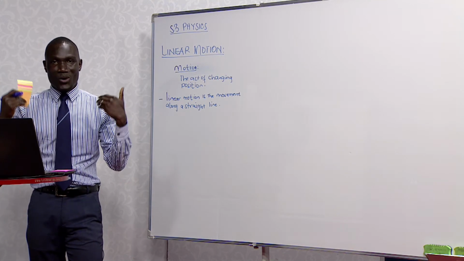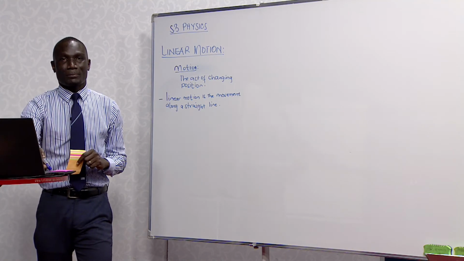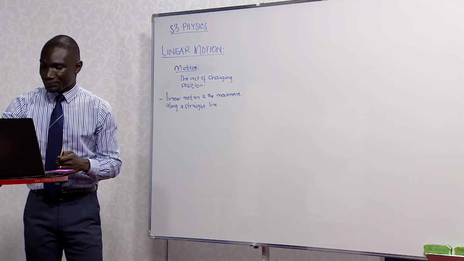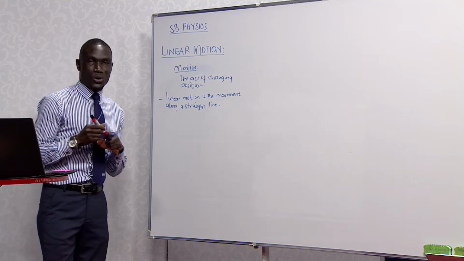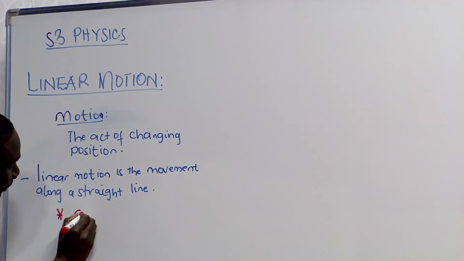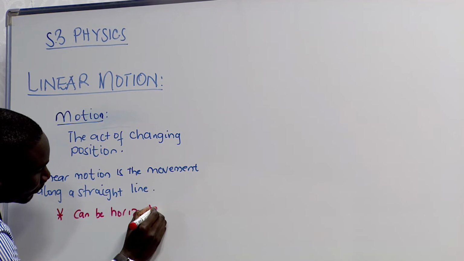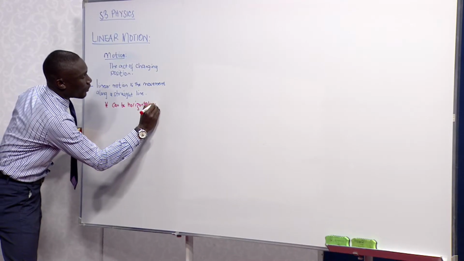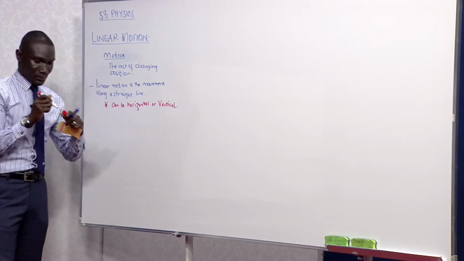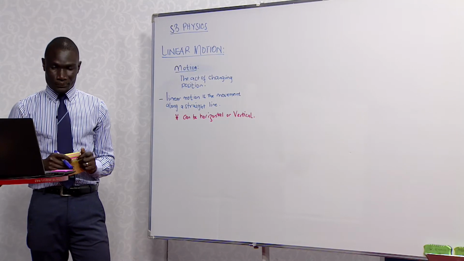I know that as we speak, you're thinking about some examples already. Linear motion can be horizontal or it can be vertical.